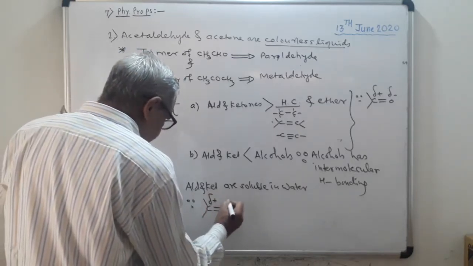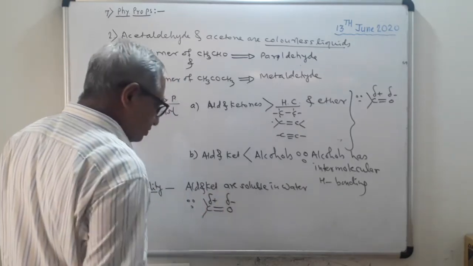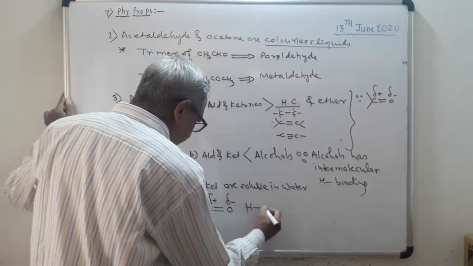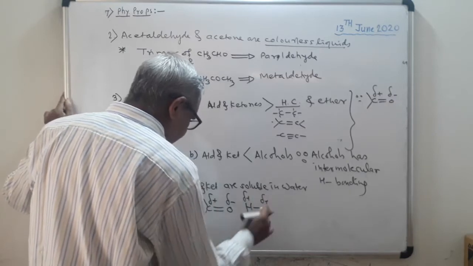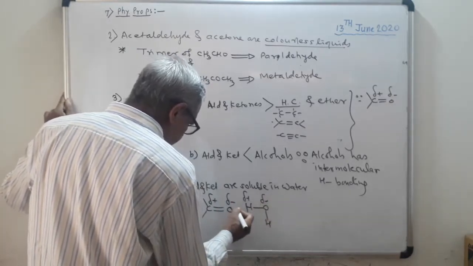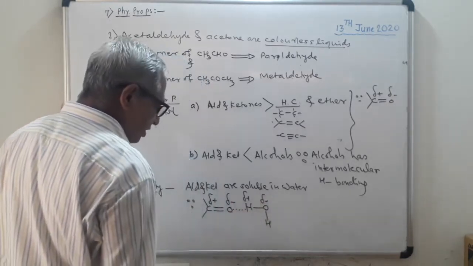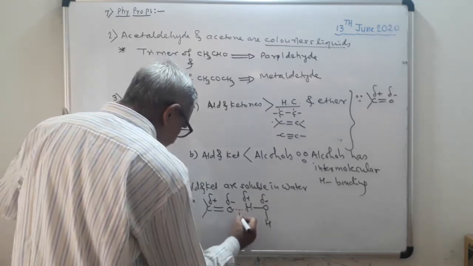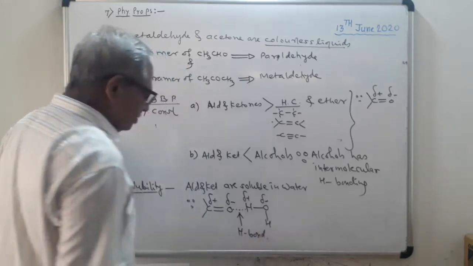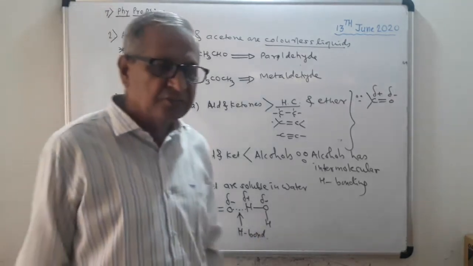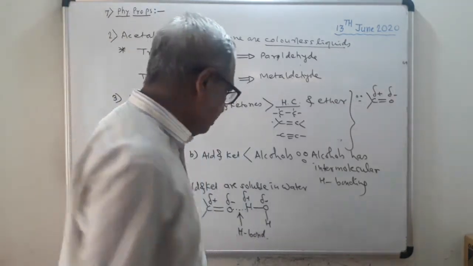Carbon has a delta positive charge, oxygen has a delta negative charge. Water can also be written as HOH, delta plus, delta minus. You can show the intermolecular association with the water molecule. This is known as a hydrogen bond. Such hydrogen bond is formed with the water, therefore they are soluble in water.